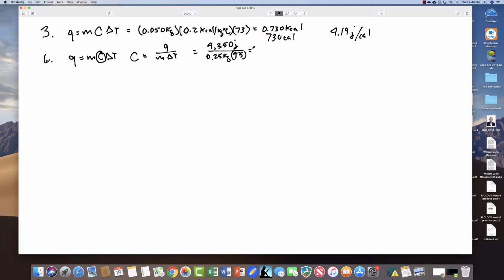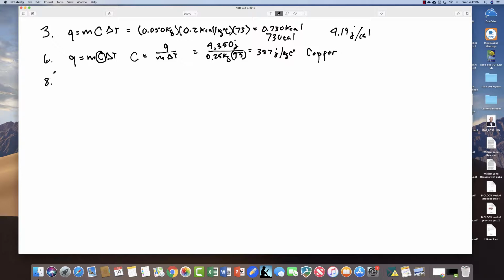If we do the math here, we get 387 joules per kilogram degree centigrade. And if you look in the table, this is copper. So it tells you that the substance is copper.